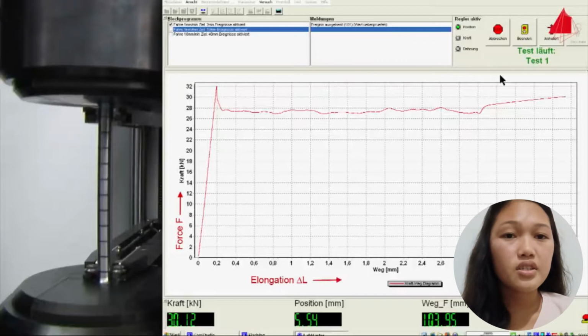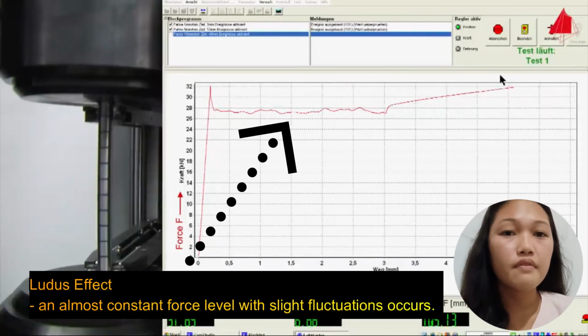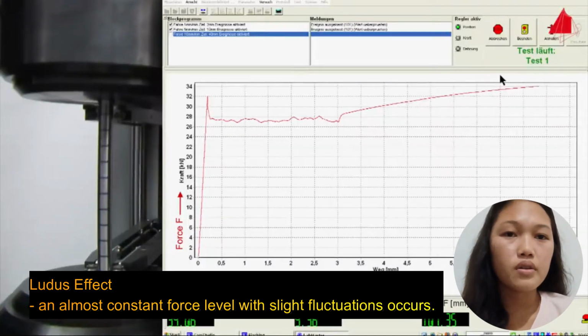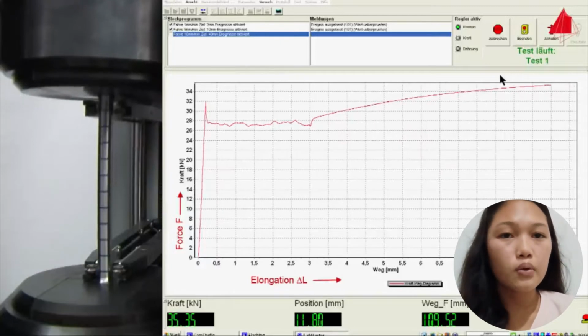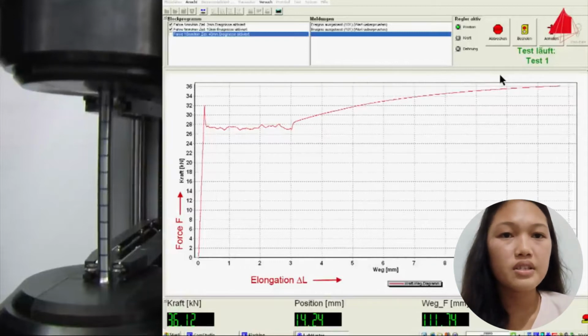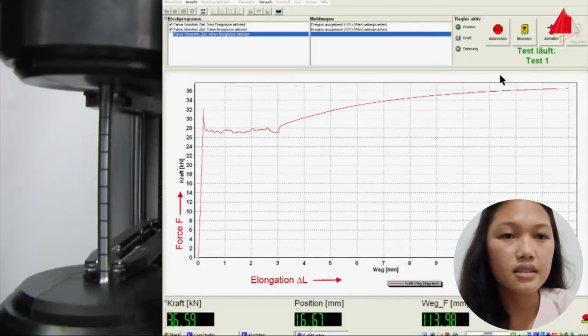In the next stage of the tensile test, an almost constant force level with slight fluctuation occurs. This phenomenon is called the Lüders effect. After a certain strain, known as the Lüders strain, the force increases again. The material opposes an increasing force against the imposed elongation. It strain hardens.